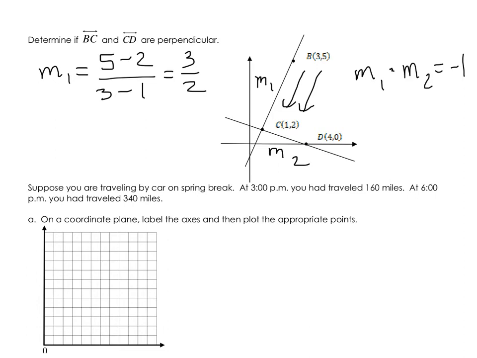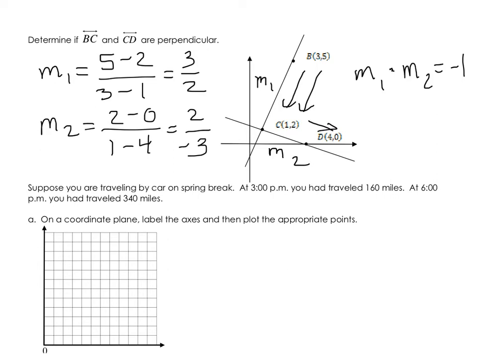How about the second slope, the slope of CD? Let's take the difference in the y values, 2 minus 0, over the difference in the x values, 1 minus 4. That gives us 2 over a -3.